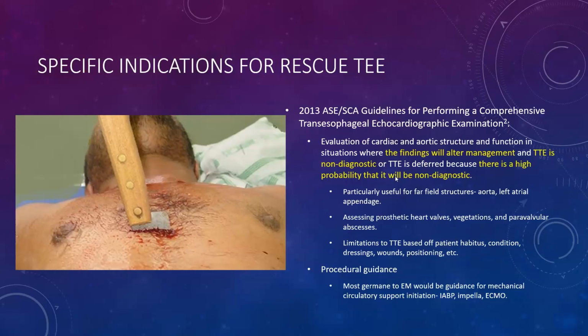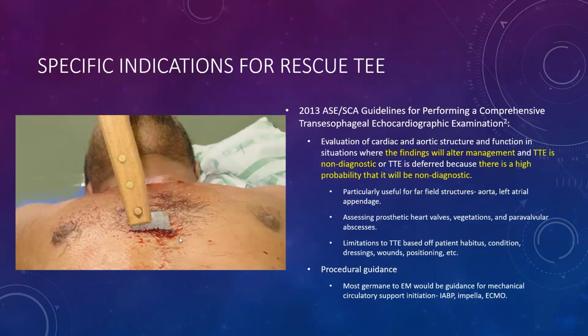We all know that for ruling out infective endocarditis, the gold standard is going to be a transesophageal echo. And then, like I said, different conditions, dressings, wounds. Some of our critical care fellows here will obviously get some of our post-op cardiac surgical patients who have sternal dressings and a Provena on.